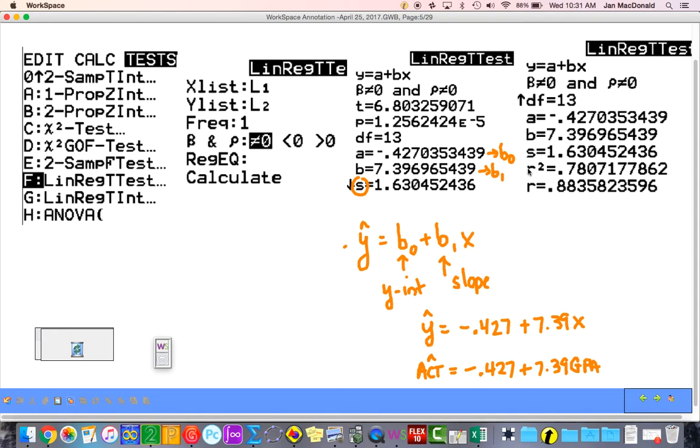And obviously if we have r squared, we can find r. It is just the square root of 0.7807, which is 0.88. And again, r tells us the strength of our linear relationship. The closer r is to 1, the stronger the linear relationship.